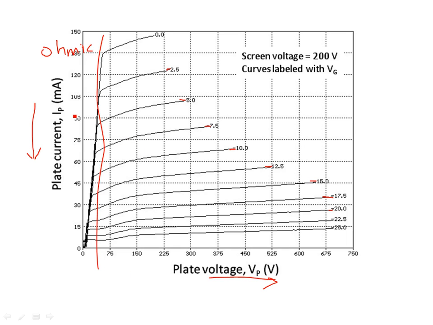But then after you reach the constant current region, increasing the plate voltage by 10 volts, 20 volts, the current is not being affected much, but a minute change, for example, from minus 12.5 to 15 volts, a minute change can result in reduced current. Okay, so it's not much dependent on the plate voltage, but it's dependent on the grid voltage.